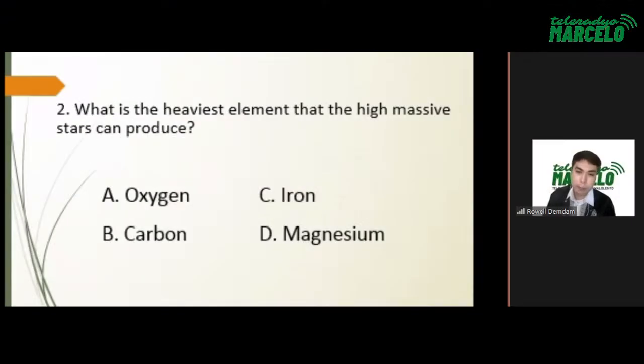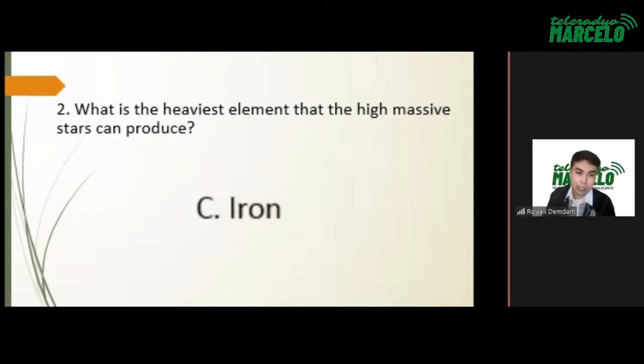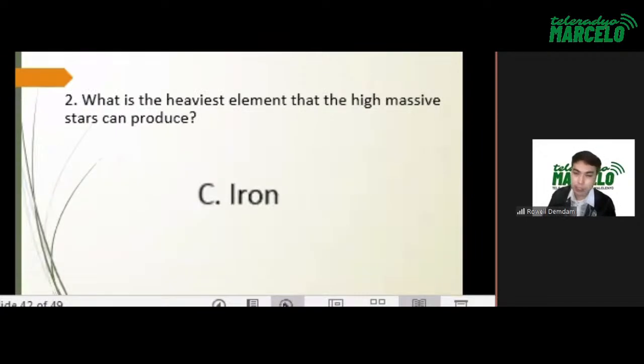A, oxygen, B, carbon, C, iron, or D, magnesium? Yes, the correct answer is letter C, iron. So iron is the heaviest element that the high massive stars can produce.